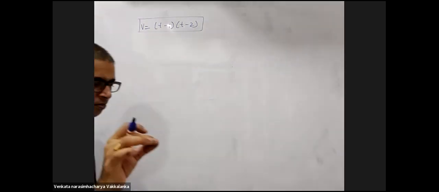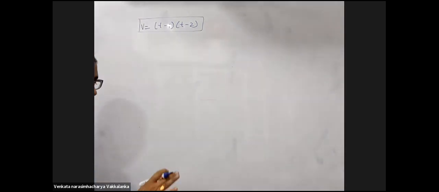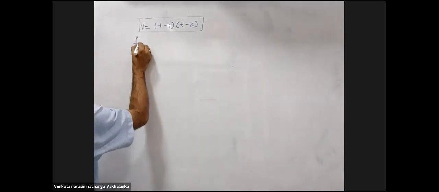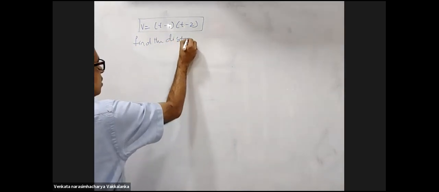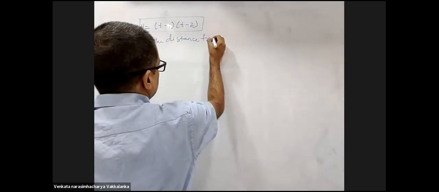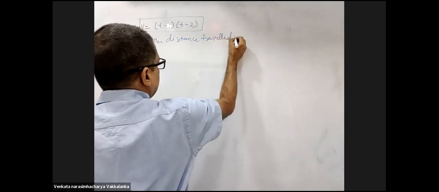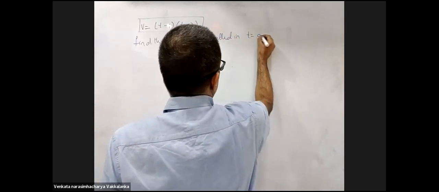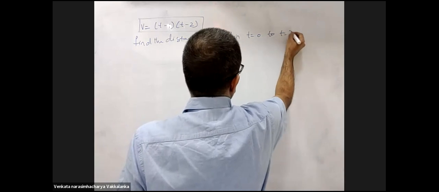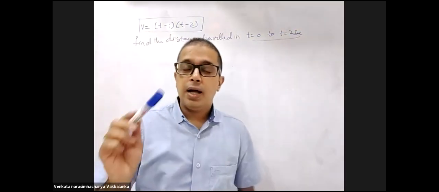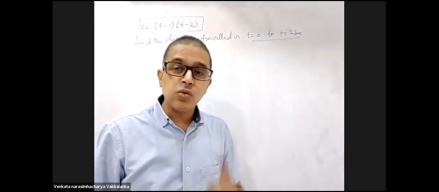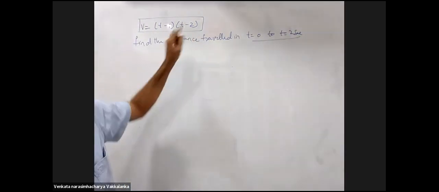Find the distance traveled in the first 2 seconds, from t equal to 0 to t equal to 2 seconds. So it is t minus 1 into t minus 2.